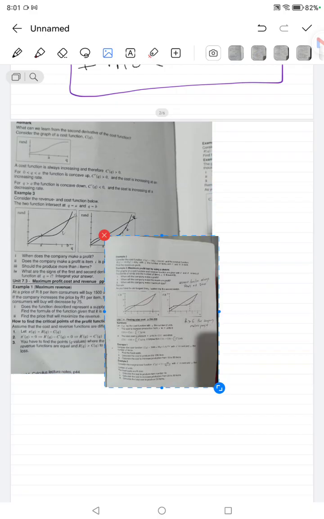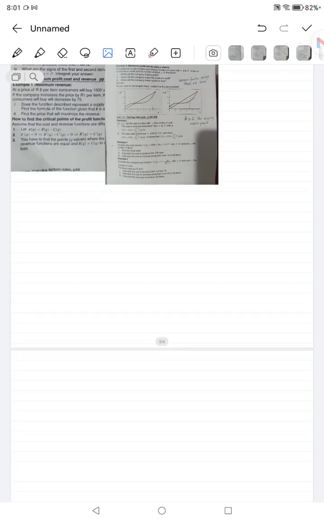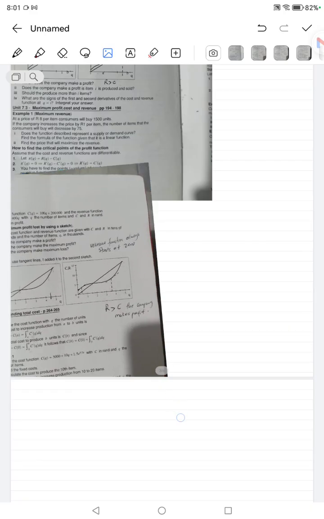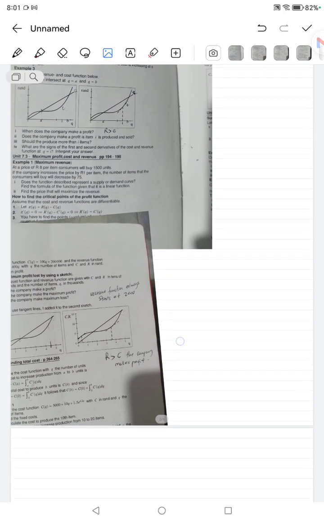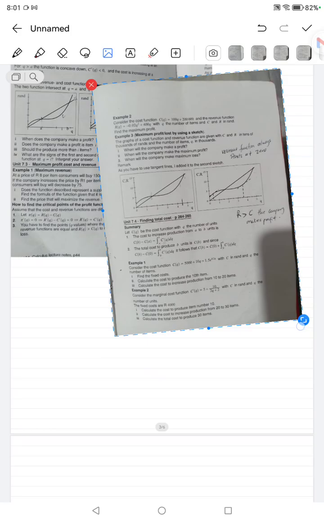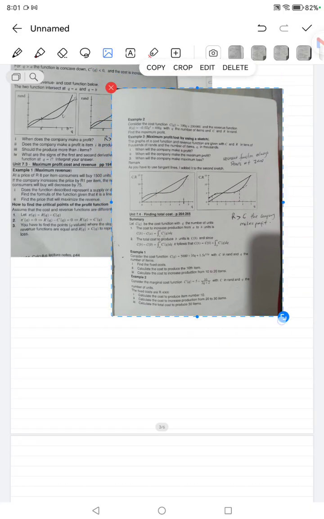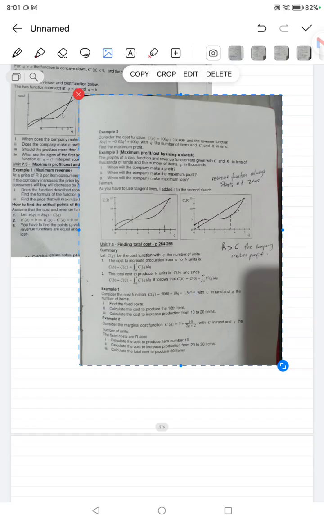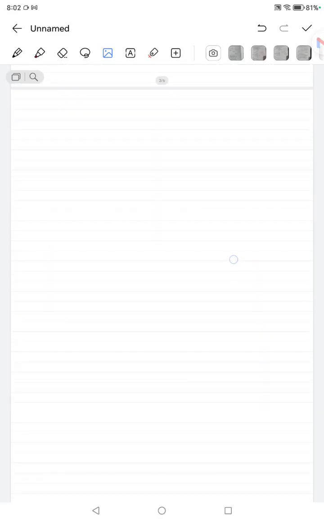Where's that one for 7.4? Okay, the other one is here. Let me just put it this side. Okay, yeah, let's start with this one. Then we'll go back to this one that I'll put here, which is 7.3.